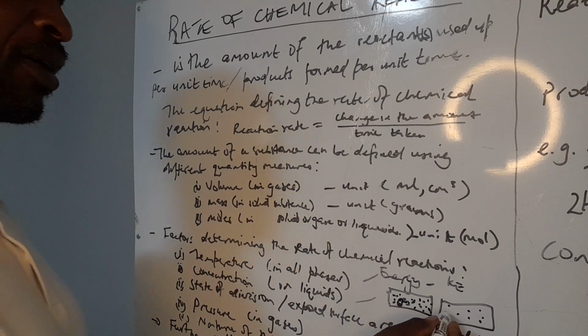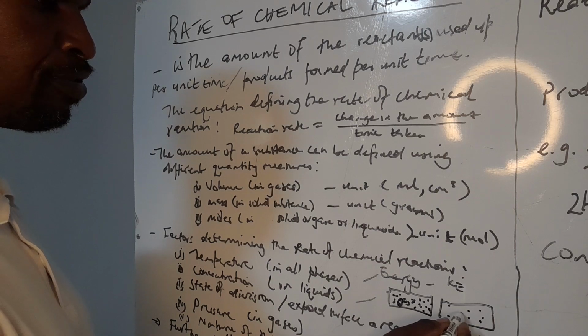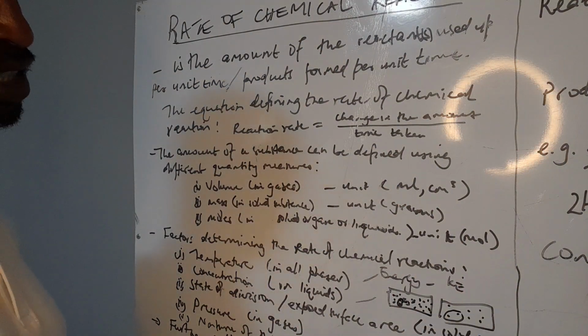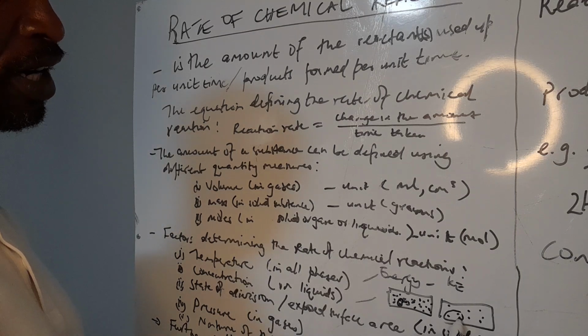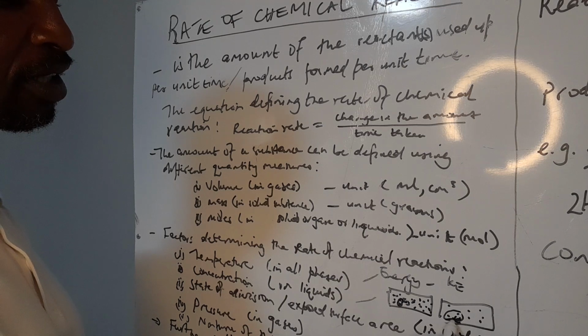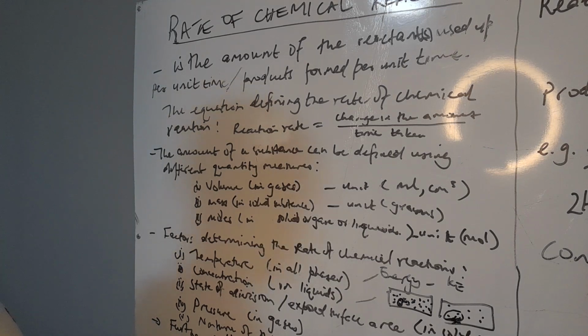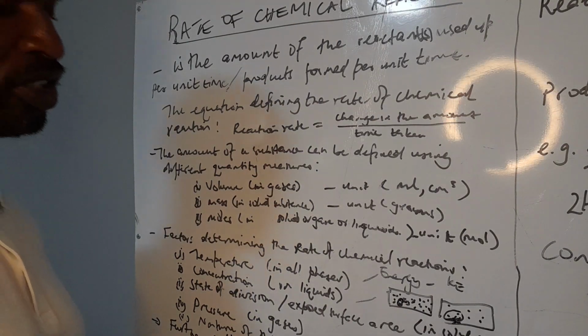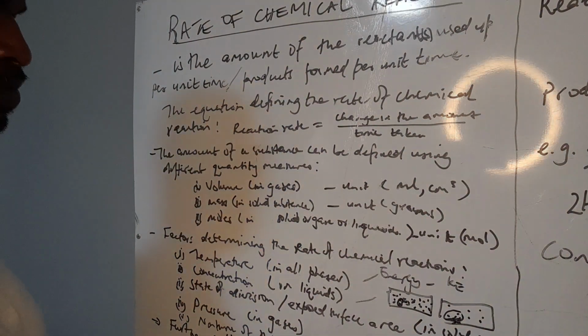But if the concentration is low, it will take a longer time for one particle to collide with any other particle in the reaction vessel, and hence the reaction rate will be slower.